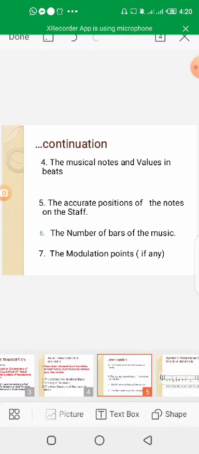Fourthly, the musical notes and value in the beats. The musical notes, that if it's a crochet, that's a beat. You make sure that when you're transcribing it is a crochet. If it's a minim, you should make sure it is a minim when you're transferring it. Now, the fifth you should know is the accurate positioning of the notes on the staff.